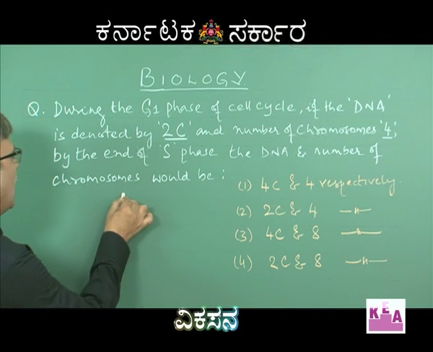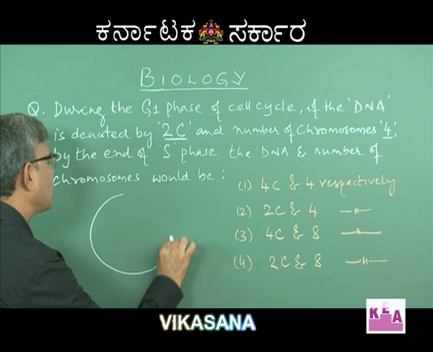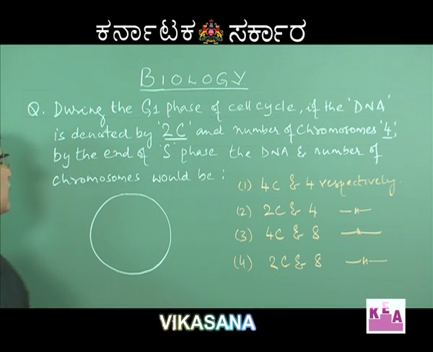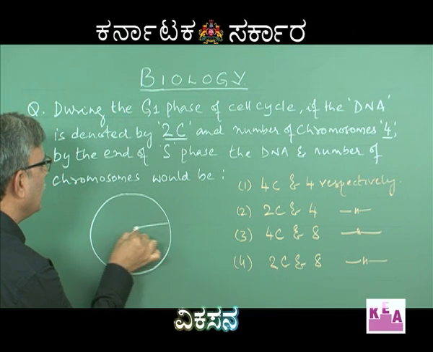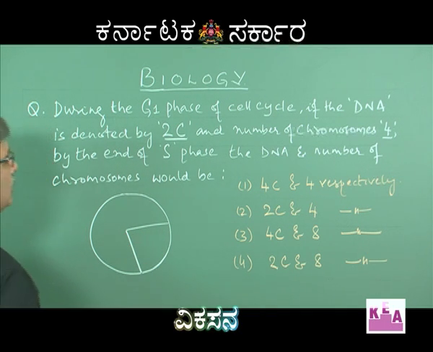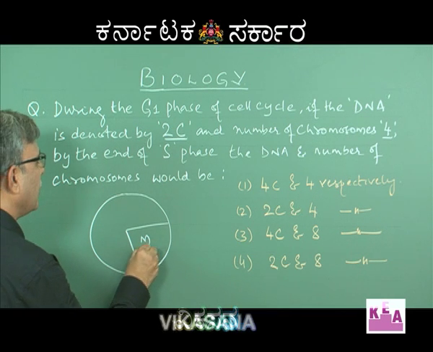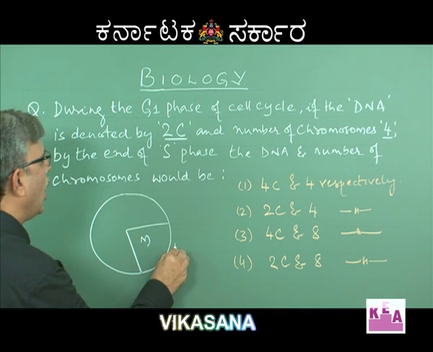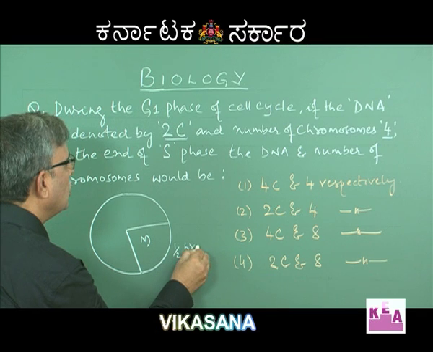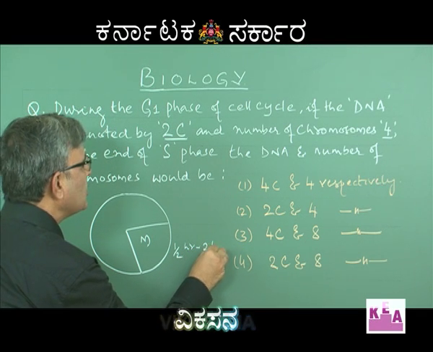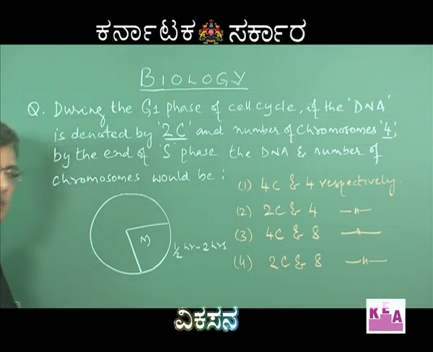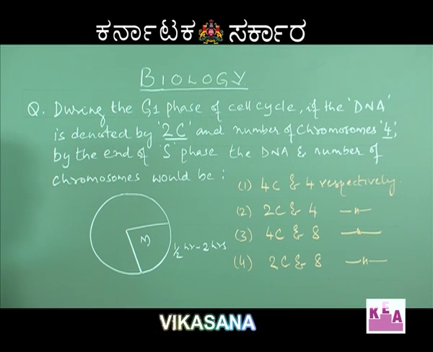So when we look into the cell cycle, what we have studied, remember in the cell cycle we are going to have M phase, which is going to consume half an hour to 2 hours in 24 hours cell cycle. If you take 24 hours as one cell cycle, rest of it is taken by interphase.